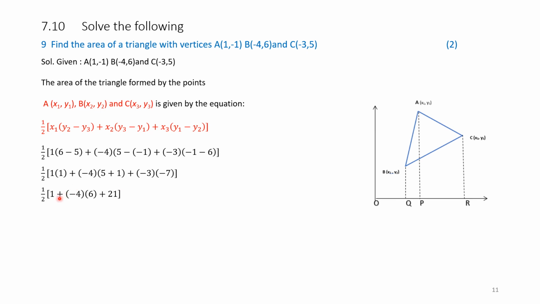Therefore, half into 1 plus minus 4 into 6, plus minus into minus is plus 7 into 3 is 21.